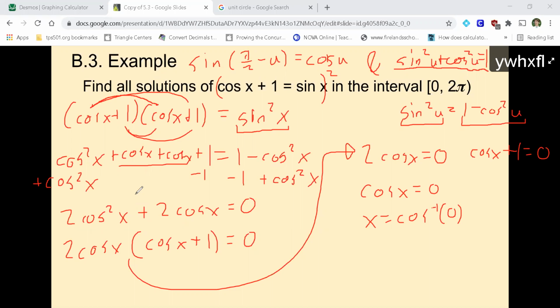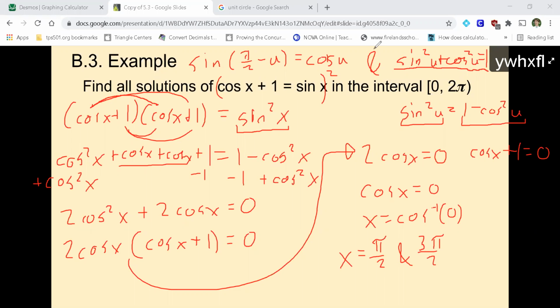And where on the unit circle is the inverse of cosine 0? Yep, that's right. In radians, pi over 2 and 3 pi over 2.